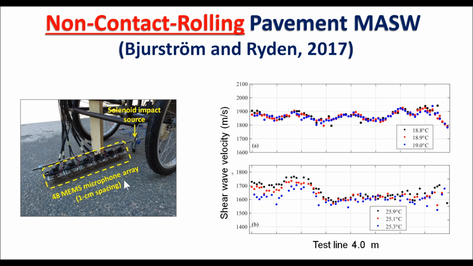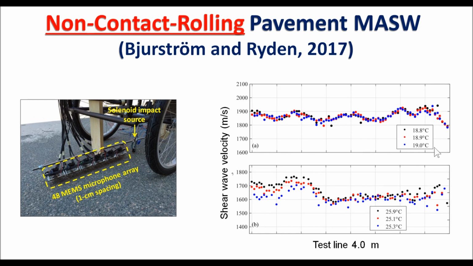One MEMS microphone is a very tiny device which is smaller than the size of your thumbnail. So this array, which is shorter than 1 meter in length, contained 48 MEMS microphones hanging right above the pavement, and came up with very accurate results.